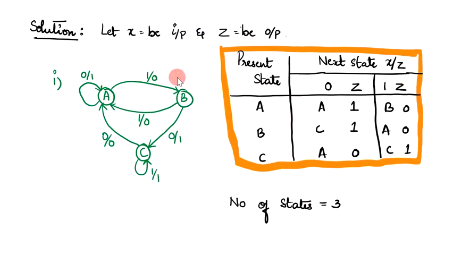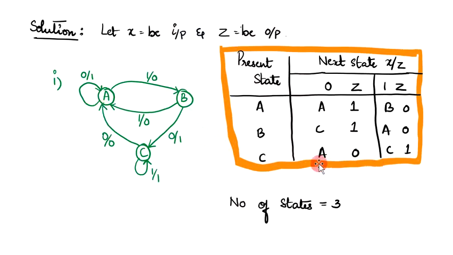You are in B present state and input is 0, that is here, and you move to C with an output 1. You are in B, input is 1, and you move to state A with an output 0. You are in C, you move to A with an input 0 and output 0.